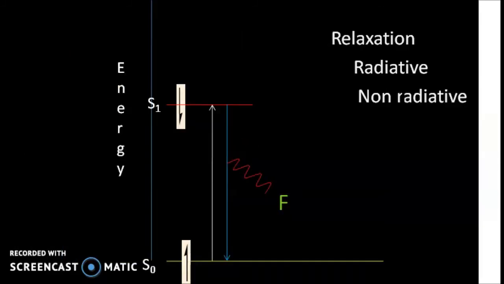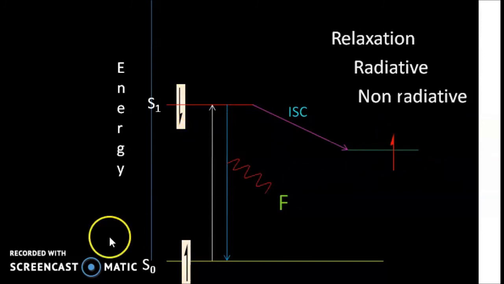And there is another possibility wherein the electron from the excited singlet state loses its energy, and the spin of the electron is changed. Earlier it was in the anti-parallel spin, and now there may be a spin change, and it will go to the triplet state.